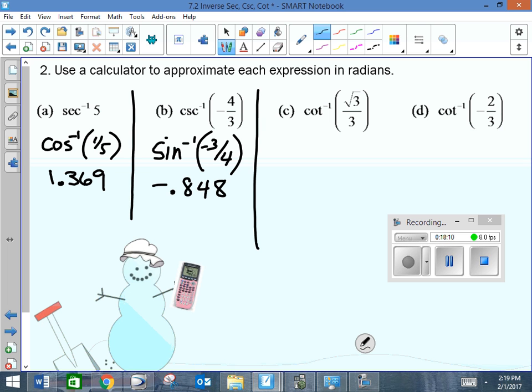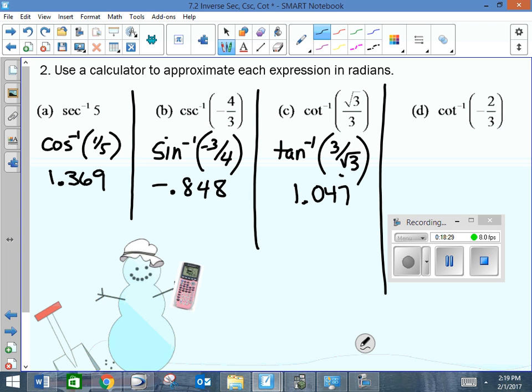All right. Good job. What'd you put in, Claire, for the inverse cotangent? Now that's one that we could do exactly, but it doesn't say we have to, so we're not going to. 1.047. That is a unit circle value, just saying. Okay.